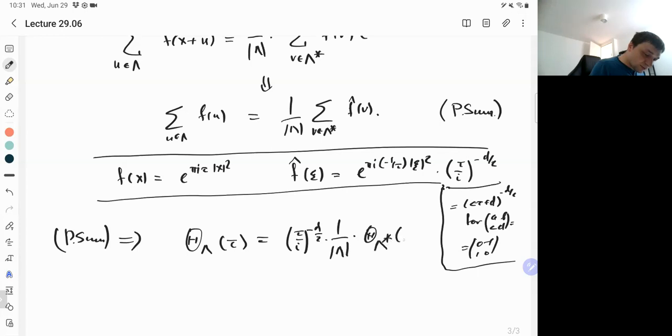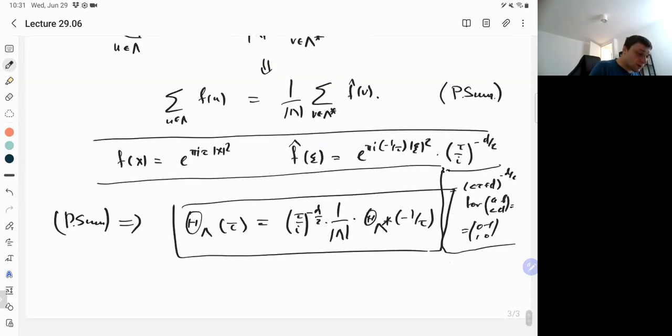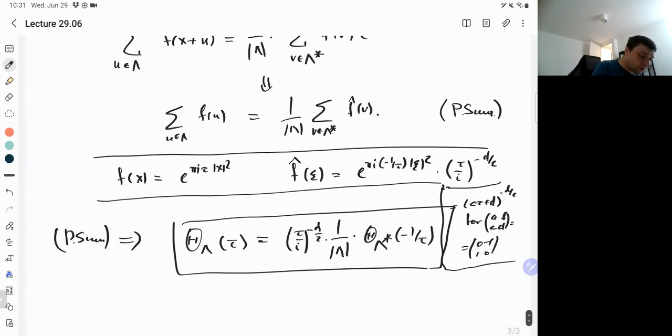So there's some function that one associates to any lattice, called the theta function, and it satisfies a transformation property of this type. What is the definition of theta lambda? I already implied what it is, and I mentioned it yesterday. It's the sum over v in lambda of q to the power v squared divided by 2.